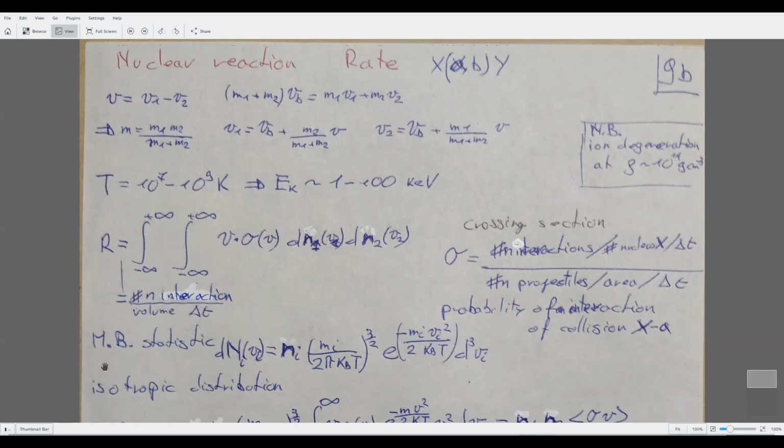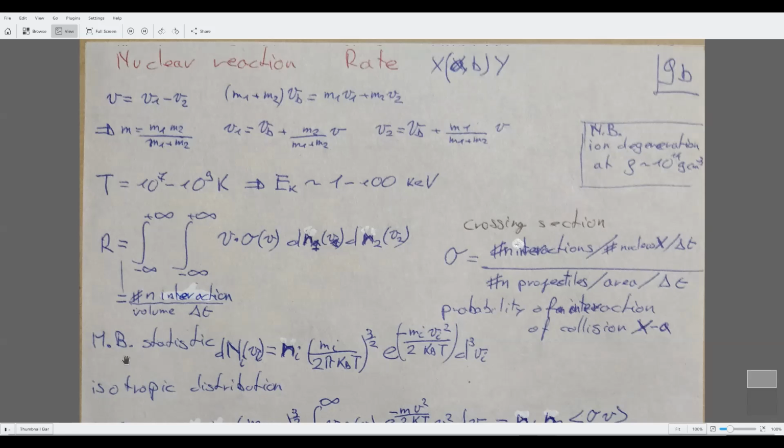In general, we consider Maxwell-Boltzmann statistics, classical. The energy is put in kinetic energy in an isotropic distribution.